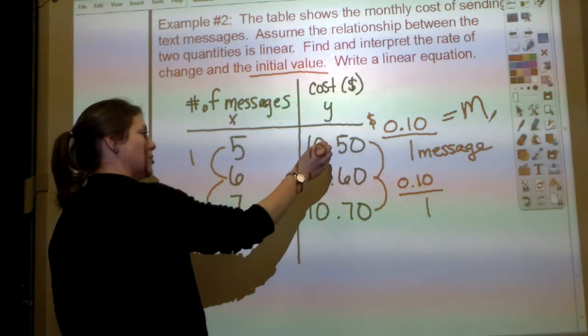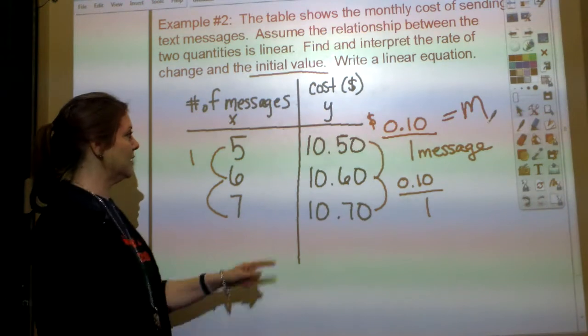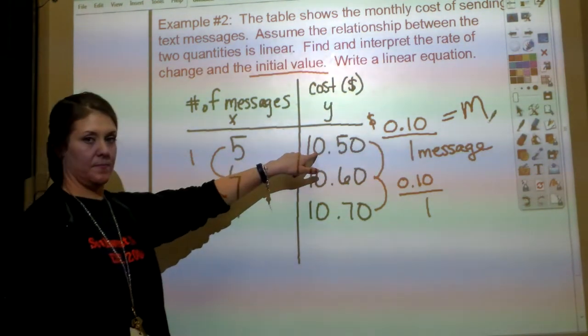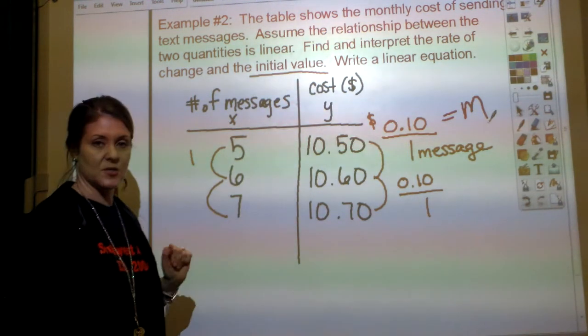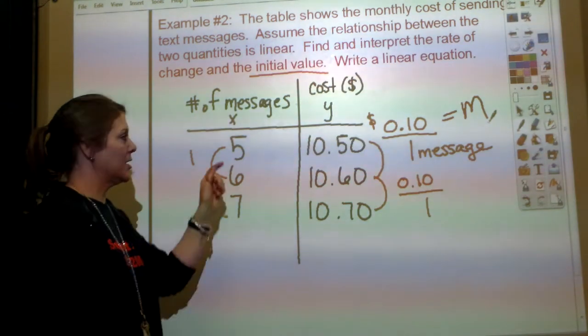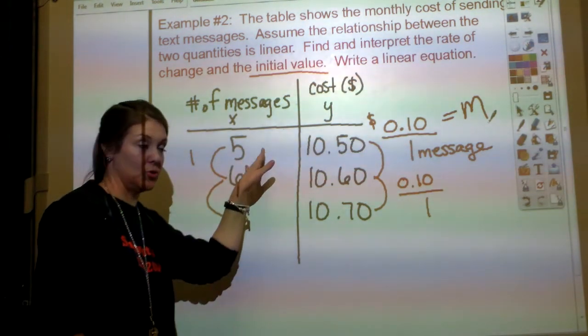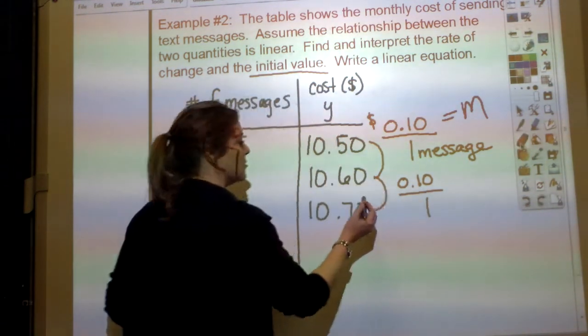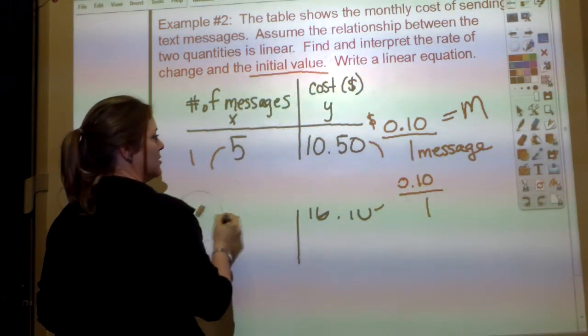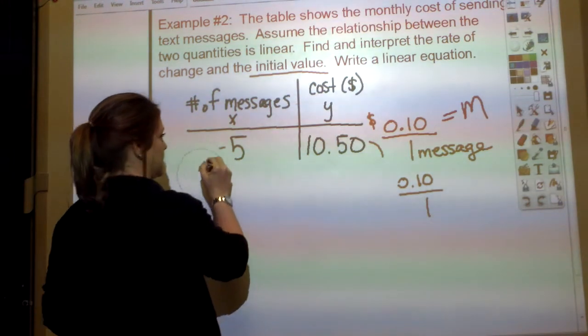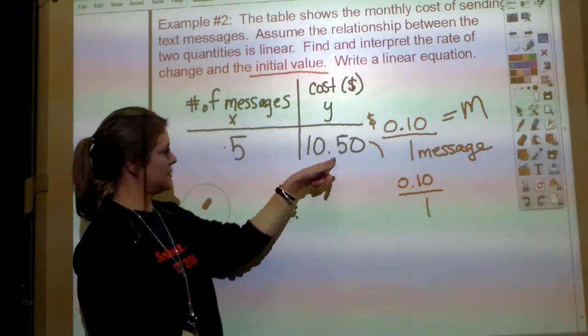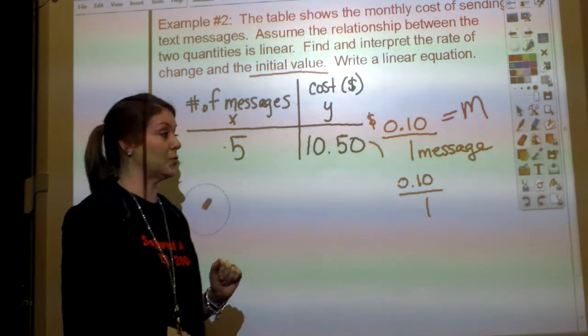We can also get 2 more values we need, an x and a y. It doesn't matter which of these 3 ordered pairs you use to get your x and your y. Just make sure it's the entire ordered pair that you're using. So we're just going to use this first ordered pair: 5 for x, $10.50 for y.